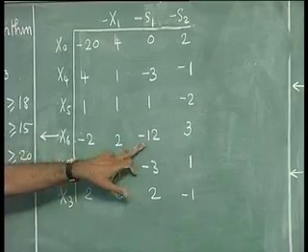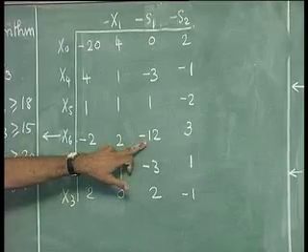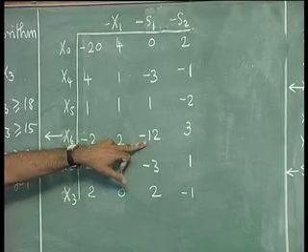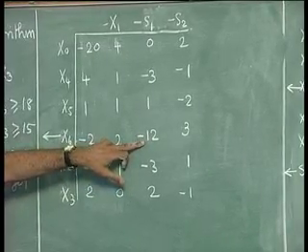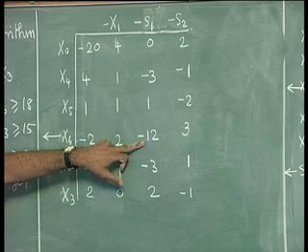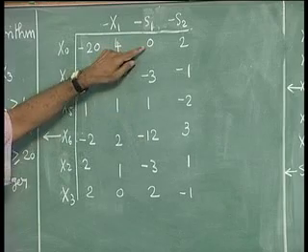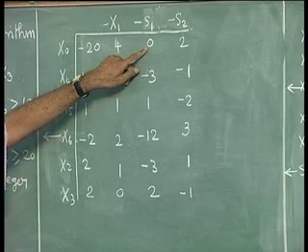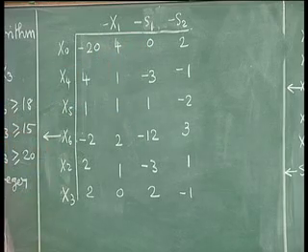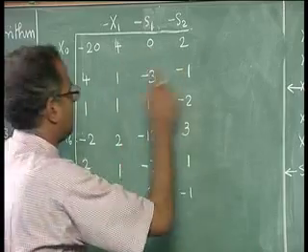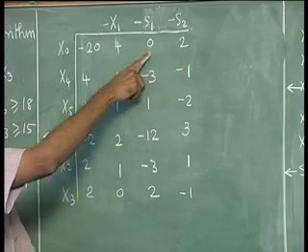This has only one element, which is a minus 12. So, corresponding to that is actually 0. Remember this, there is only one element and the corresponding one is 0.